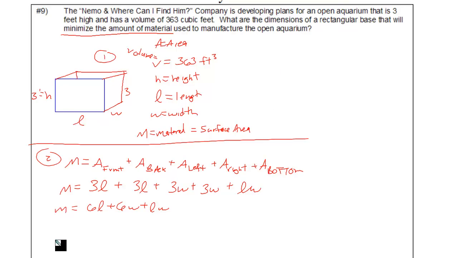I'm supposed to minimize this. So to do that, I have to find the derivative. I can't find the derivative because this is in two variables.